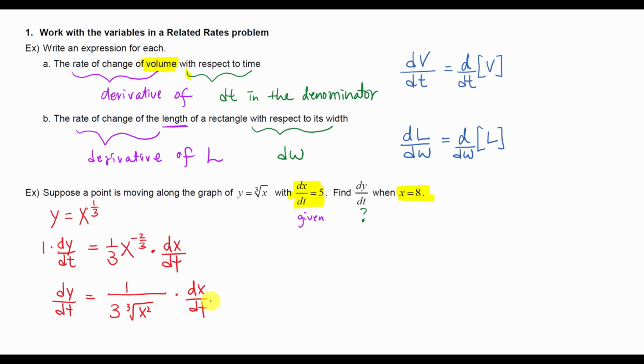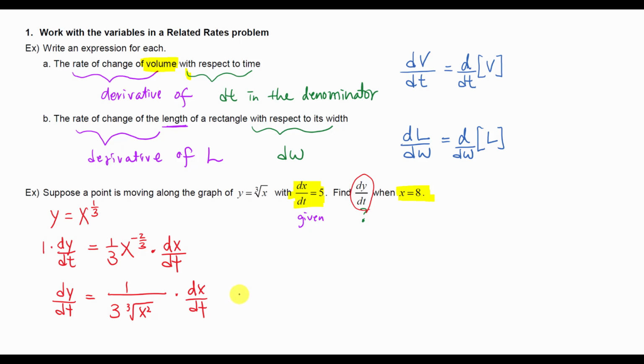And they want you to find dy/dt when x equals 8. And they also give you the quantity dx/dt, rate of change of x. So now you can plug those values that you know to find the dy/dt when x equals 8.